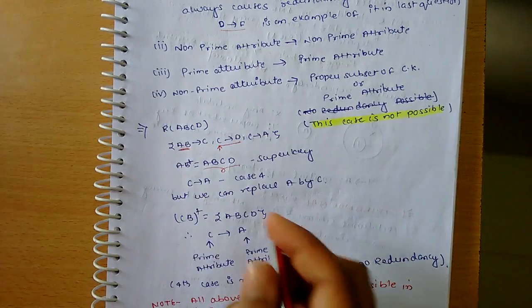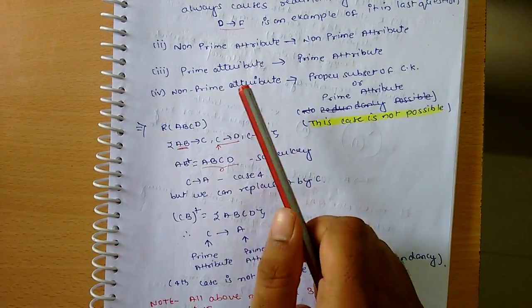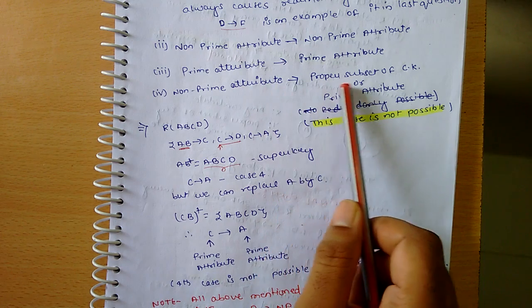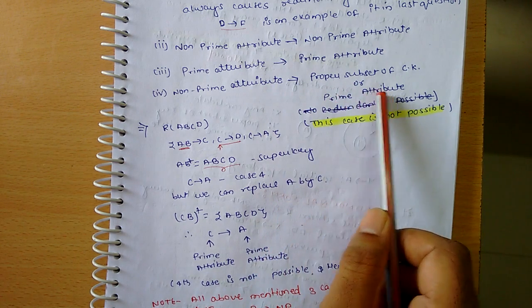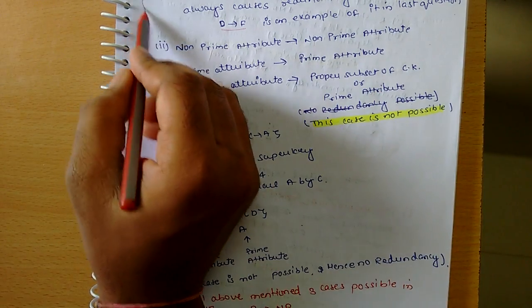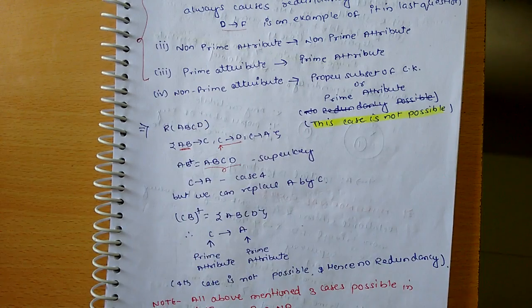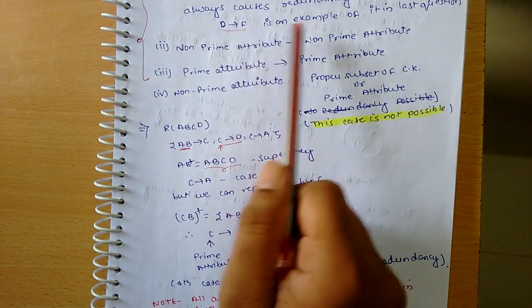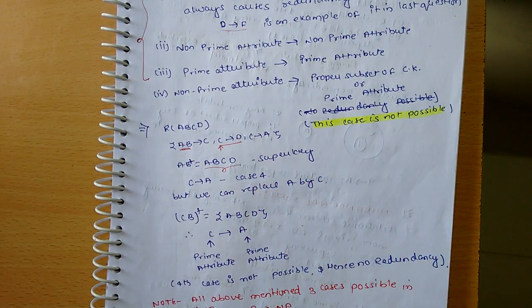It means this case is never possible. When a non-prime attribute derives a prime attribute, then it will form another candidate key. So we have to concentrate only on these three topics. We need to remove this redundancy from our relations. Okay.